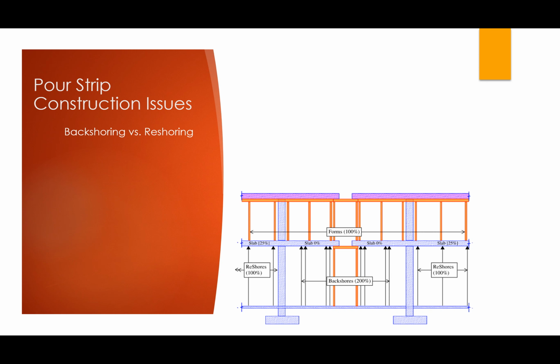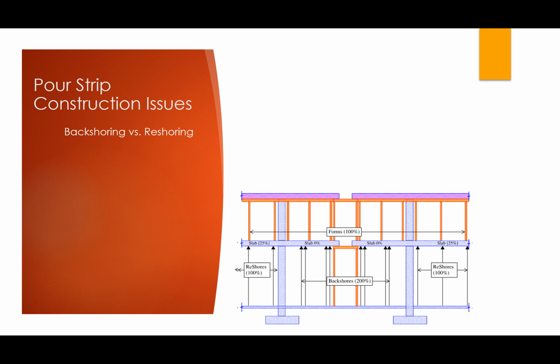So the contractor builds up the formwork and they pour the level 3 slab, which at this time is not cured, right? So obviously the forms up above level 2 are supporting 100% of the concrete weight, but look at what happens to your backshores on level 1.